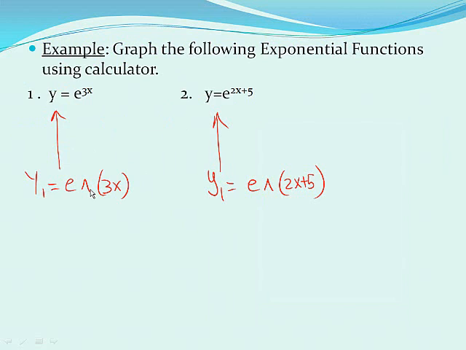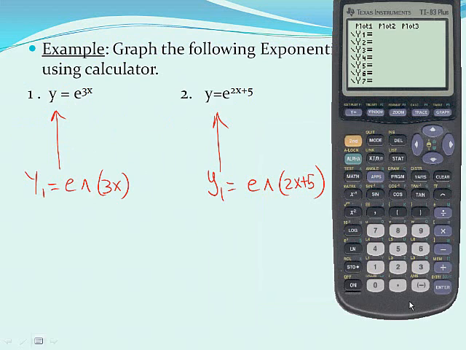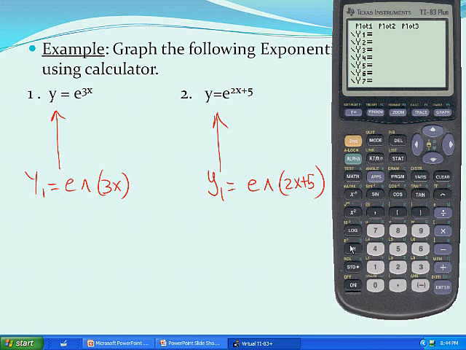Graph the following exponential functions using a calculator. y equals e to the power 3x, and the second example will be y equals e to the power 2x plus 5. Notice that the base is e. We can enter the function like this: e to the power 3x. So we have the exponential function built in here, second ln, 3 times x, close the parenthesis.